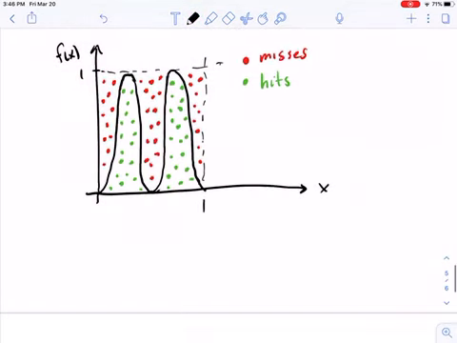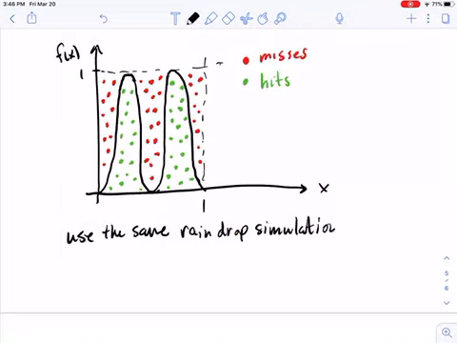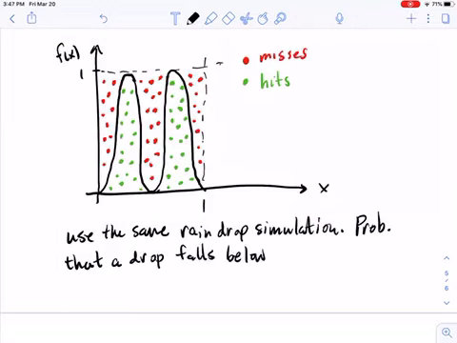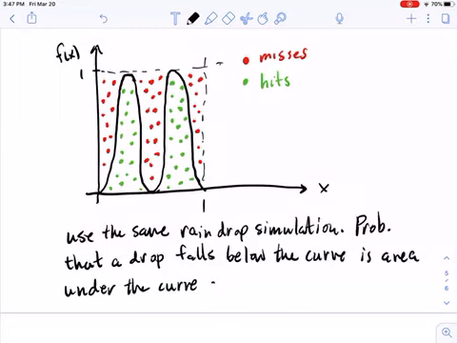Okay, so we use the same raindrop simulation, and the probability that a drop falls below the curve is area under the curve divided by area of the square.